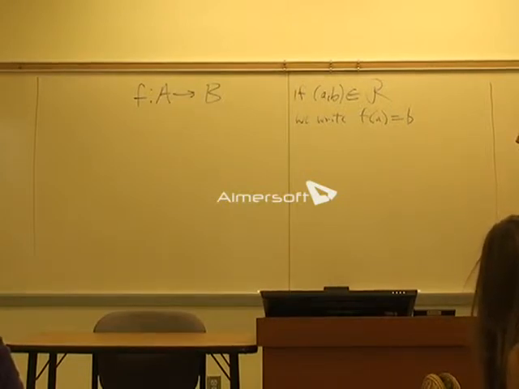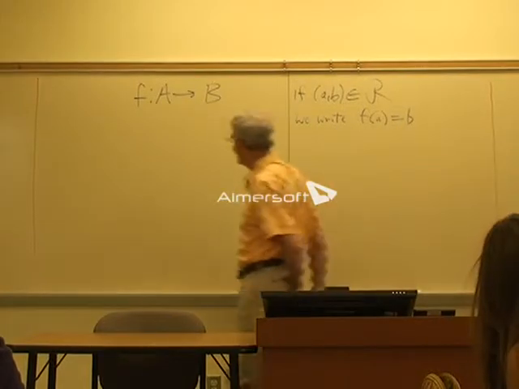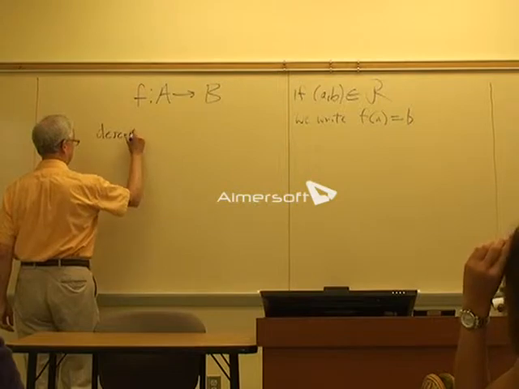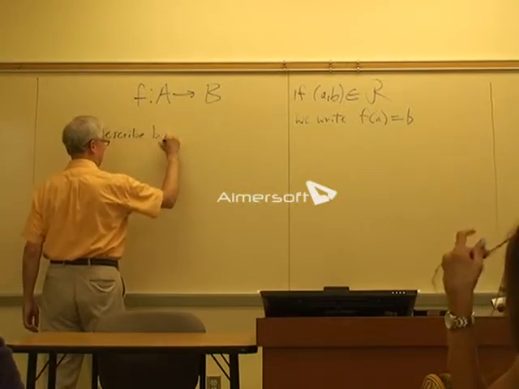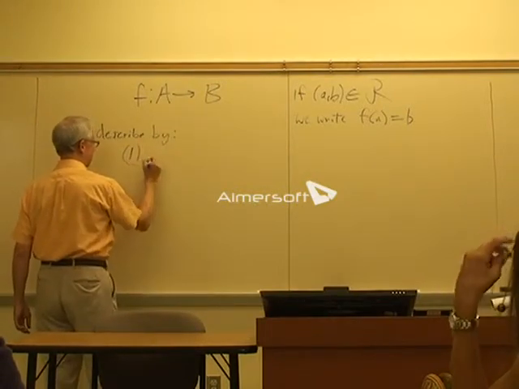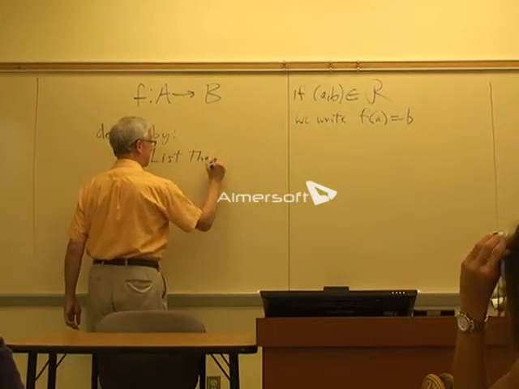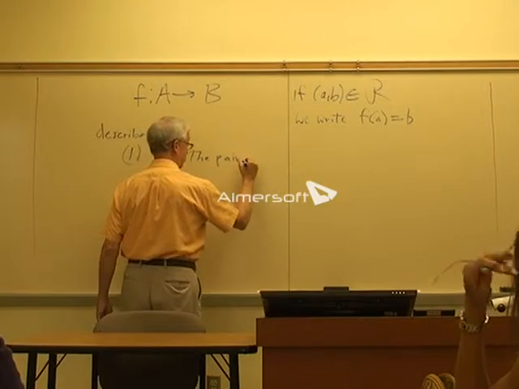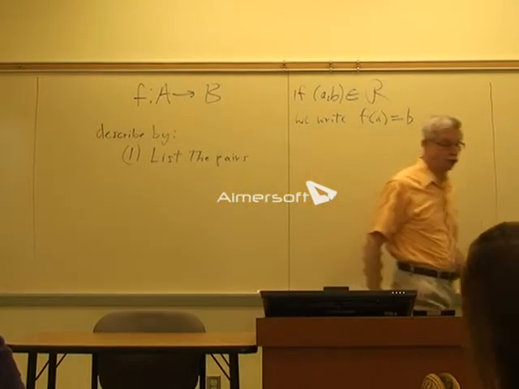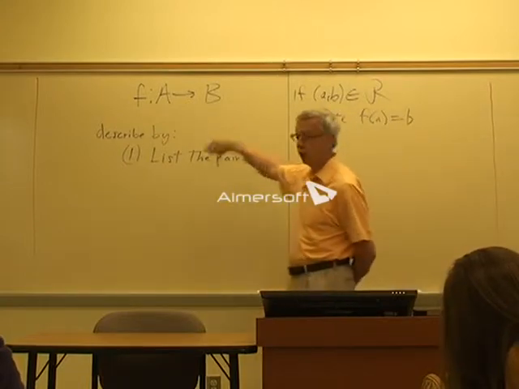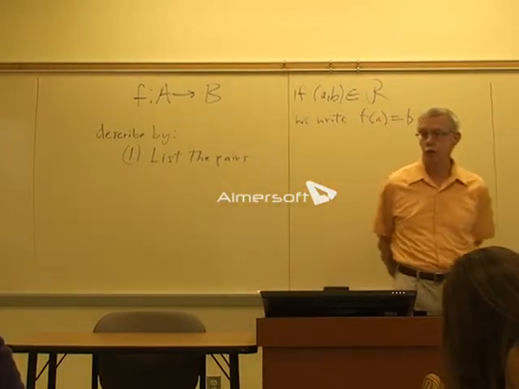So this means that we can describe functions in various ways. One is we can list the pairs. That gets real tedious if the sets are big, right? But for very small sets, I could list the pairs. And you've seen this way back a long time ago in functions somewhere.